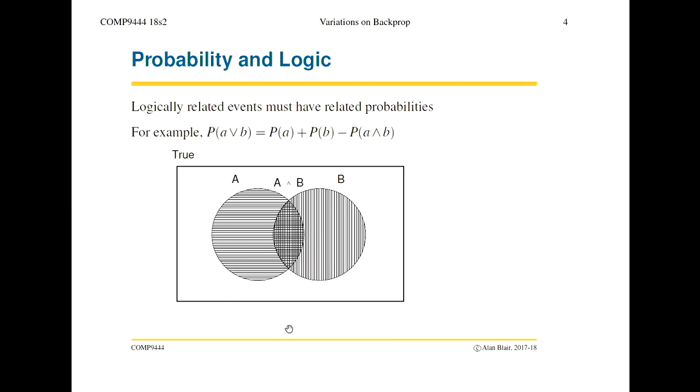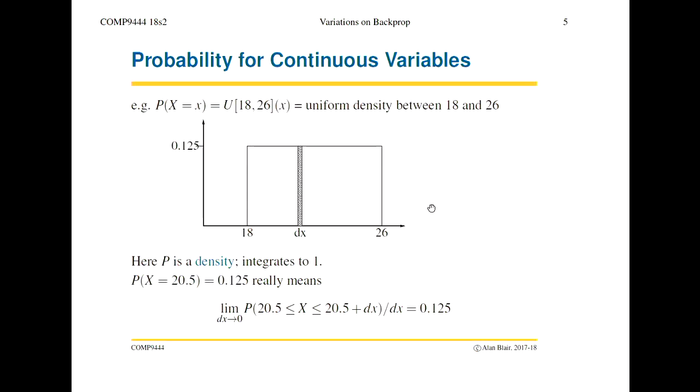So if we had A, B, and C, the probability of A or B or C is equal to the probability of A plus the probability of B plus the probability of C, minus the probability of A intersect B, minus the probability of A intersect C, minus the probability of B intersect C, but then we have to add on the probability of A and B and C.